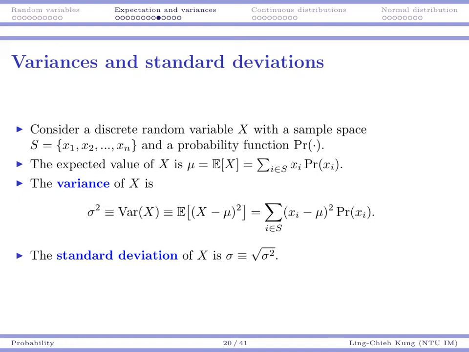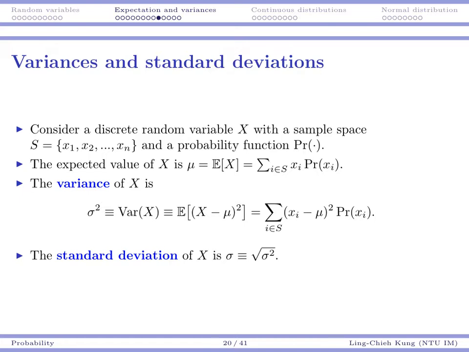So the concept is similar to the definition of variance with respect to a set of numbers. Again, we want to ask how dispersed this set of data is, how dispersed this random variable is. And obviously that depends on the distribution, on the probabilities for each value to occur.